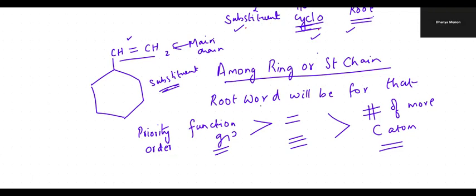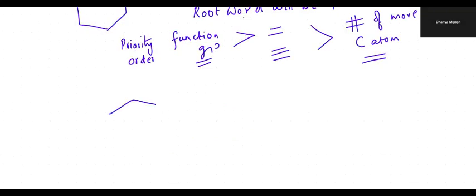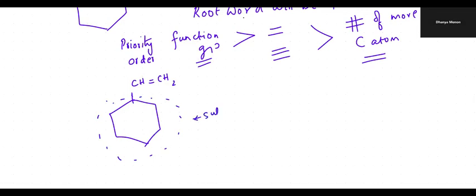Here there's a double bond. So I'll redraw it again. This is our main chain, CH double bond CH2. Why? Because there's a double bond. So this will become our substituent. If suppose both of them have a double bond, then go with the number of carbon atoms.